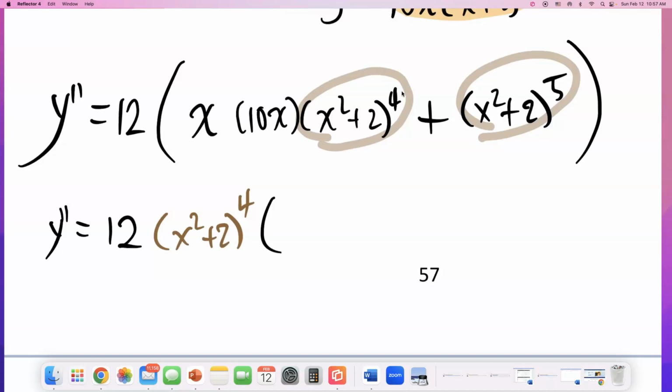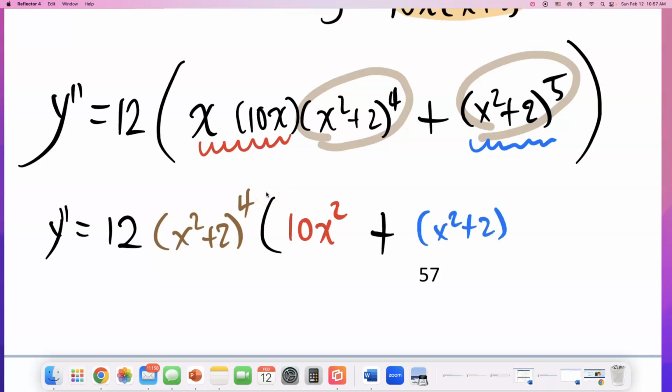The first term still has x and 10x, right? If you multiply that, you get 10x squared, okay? Now moving on, plus, now what's left over here in the second term? If I factor out this binomial raised to the 4th power, I still have 1 left, right? Because 5 minus 4 is 1. So I'll write down x squared plus 2.